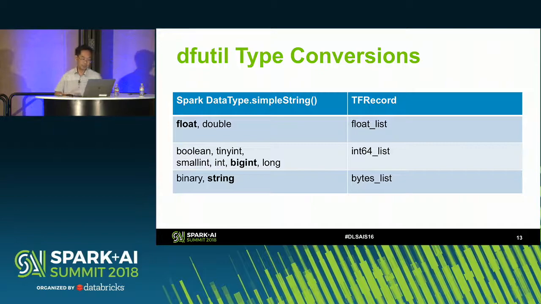Okay. A little bit more about the conversions that we allow. So going from left to right, Spark has much richer data types, but those will all get flattened into the TF record base types, which are just float list, int64 list, and bytes list. If you go the other way from TF record to Spark, the items in bold are the ones that we will default to. If you don't provide a hint, that's what you'll get out on the Spark side.